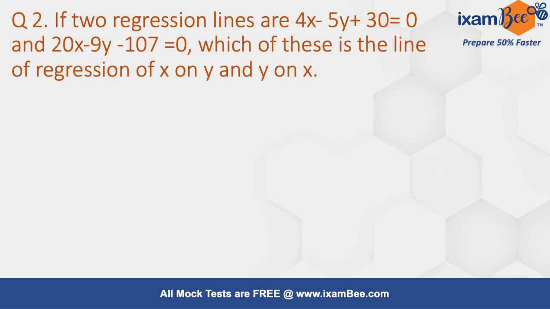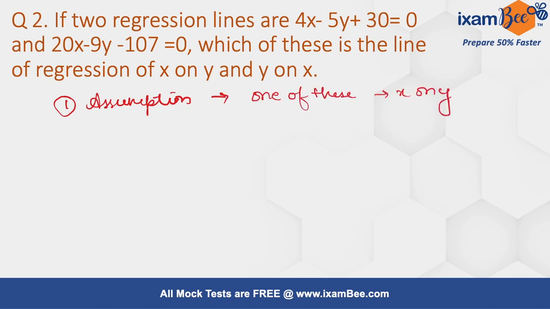First of all, we have to make an assumption. Assumption about what? We have to assume one of these lines to be x on y and the other one should be y on x. For example, if you assume the first one as y on x, you should assume the second one as x on y.